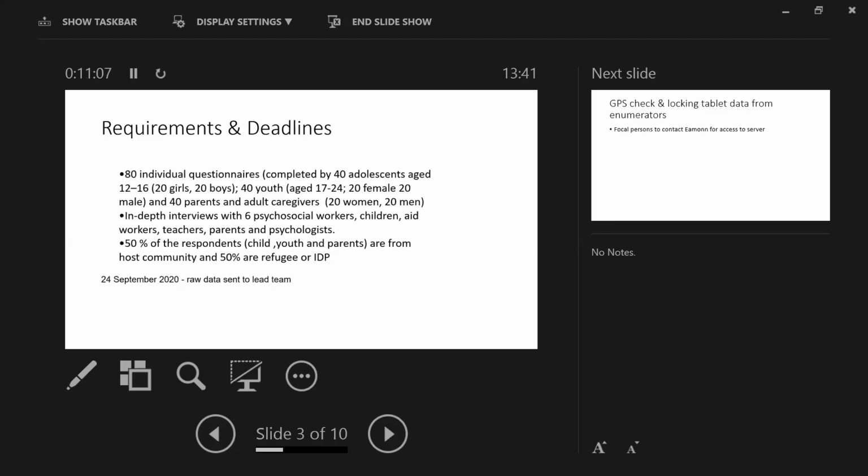If a child is feeling uncomfortable, the enumerator will have to be able to stop the interview. And we want a procedure that is the same for all countries. So we have said that we will have face-to-face interviews. Unfortunately, this is out of my hands. This is because of child safeguarding. I cannot change this either.